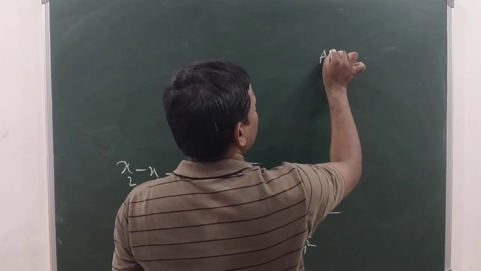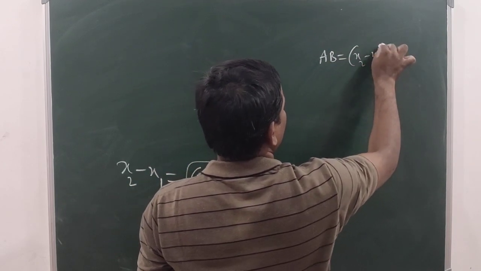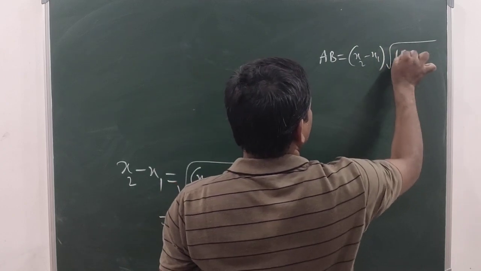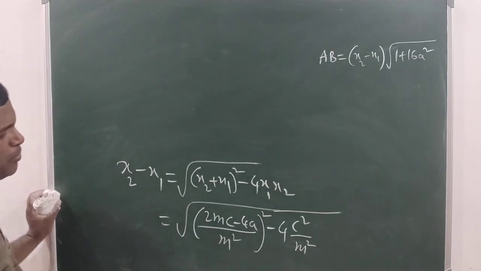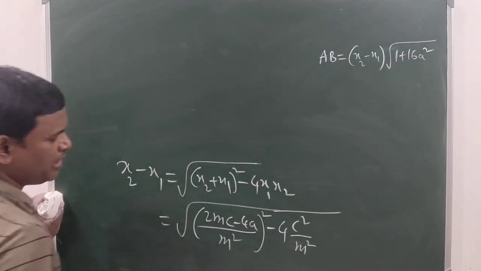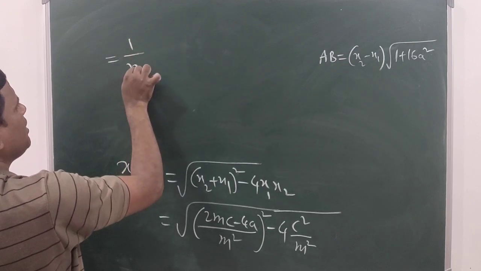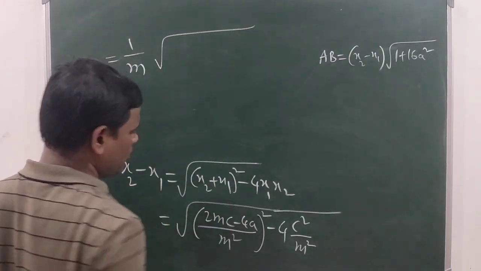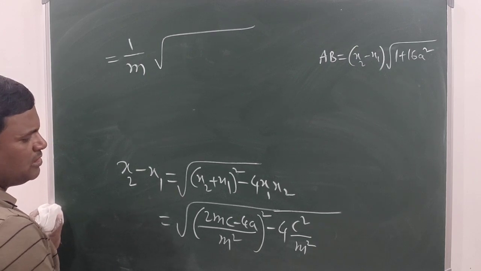So there we got the AB length. How much? It is x2 minus x1 times root of 1 plus 16a square. Keep it aside, and we are finding the length of x2 minus x1. So what do you take common here? m square will be outside, 1 by m will come outside of the square root. Okay, students, simplify.